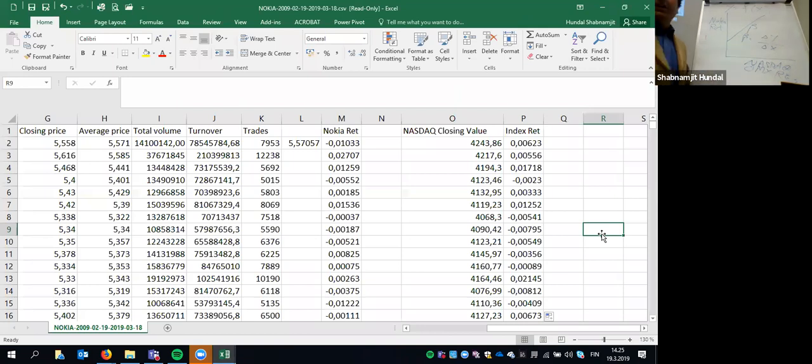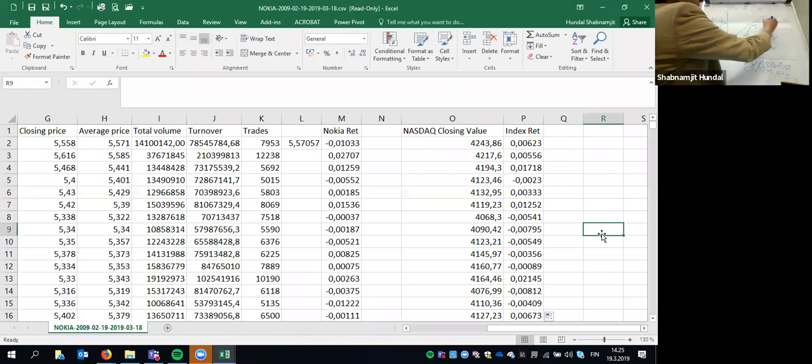Delta shows the change. So beta is equal to change in y, and this is delta, meaning change in x. So beta is change in y divided by change in x. This is called slope. Beta is the slope.